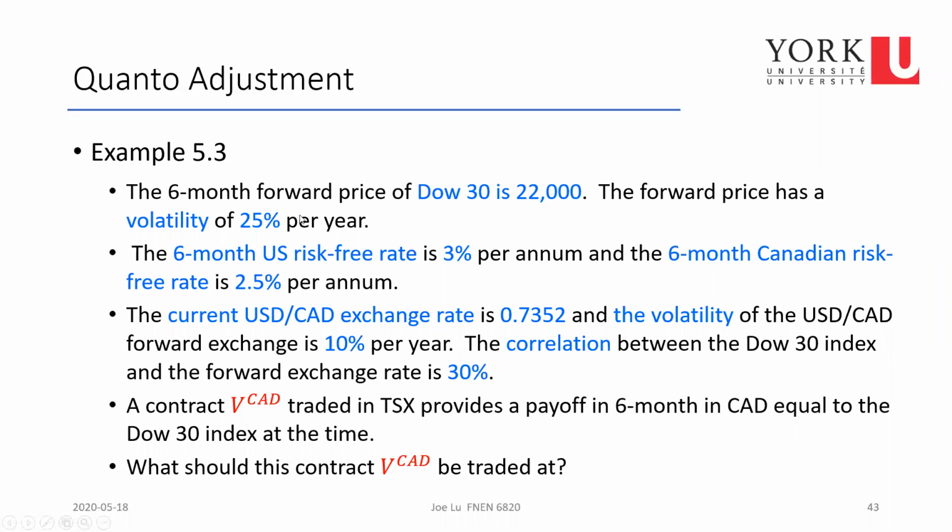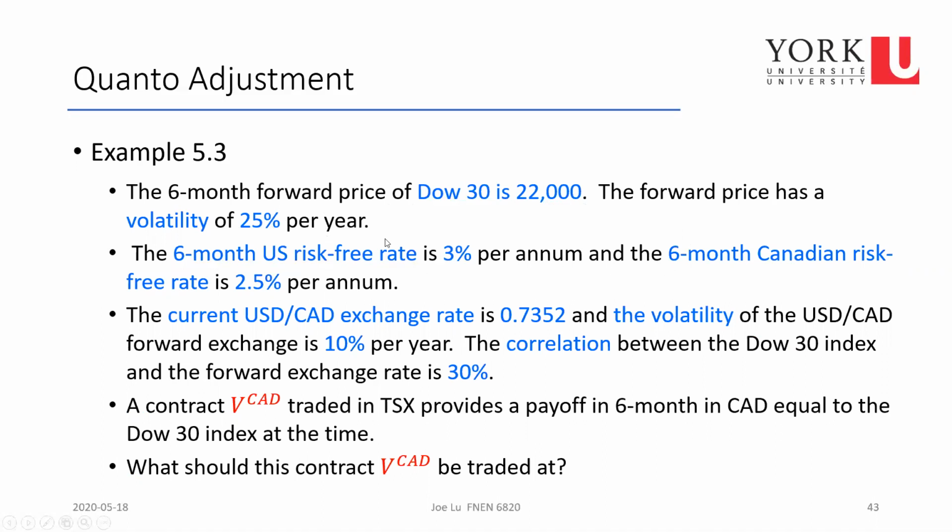Now let's look at an example here. So you have a 6-month forward price of Dow at 22,000. The forward price has volatility of 25%, and the 6 months US interest rate is 3% per annum.